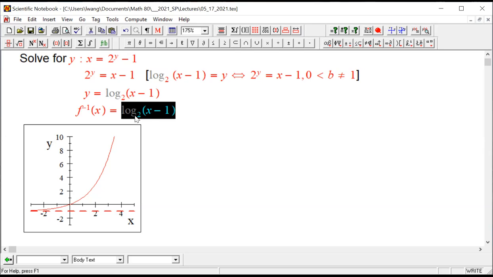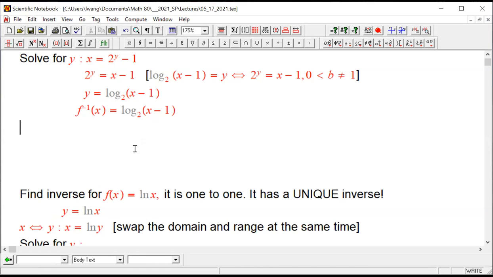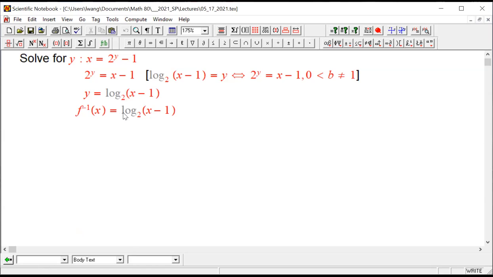How do we graph log base 2 of x minus 1? How is this shifted? Let's put this away first. How would you graph that? From log base 2 of x, how is the shift to get log base 2 of x minus 1?